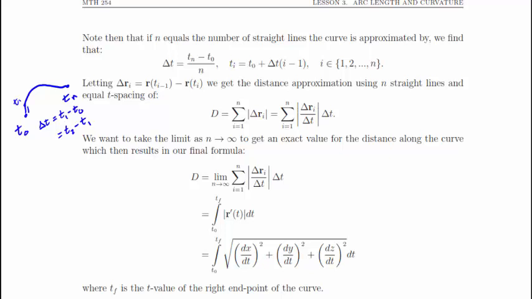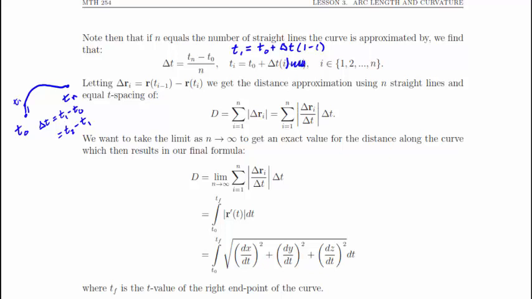So then our t sub i is going to equal my initial t naught plus the change in time times i minus 1. So let's take, for example, t sub 1. This equals t naught plus change in time times 1 minus 1, which is clearly not correct because we don't want t naught. So this is actually going to be edited here if you're going along.